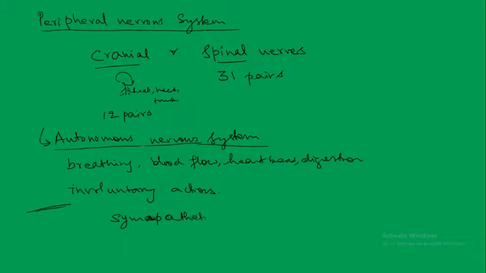The sympathetic and parasympathetic divisions of the autonomous nervous system are antagonist to each other. That means they are opposite to each other, and they have opposing effects.